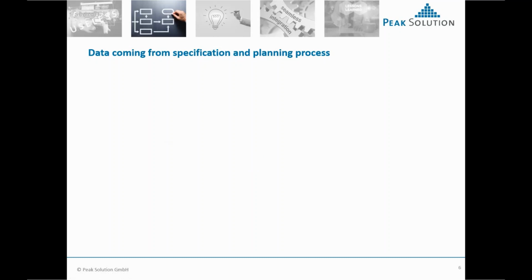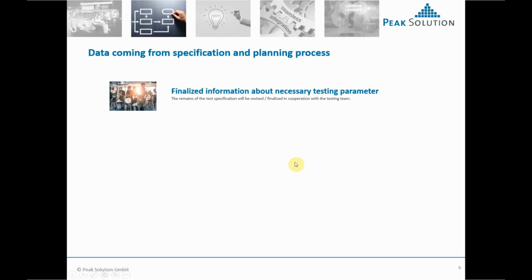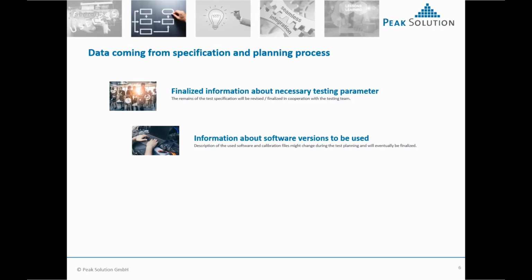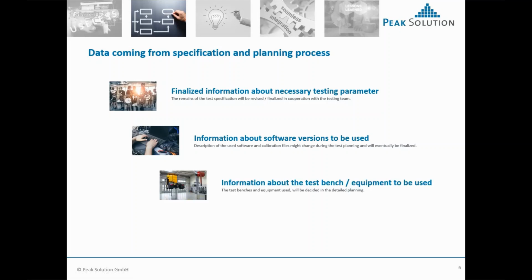During the planning of the test request, step by step, more information is added. For example, more information about testing parameters might be added, like acceleration levels, maximum speeds, temperatures for environment chambers, and many others. Or the software version of our ECUs or calibration files for the testing will be specified.